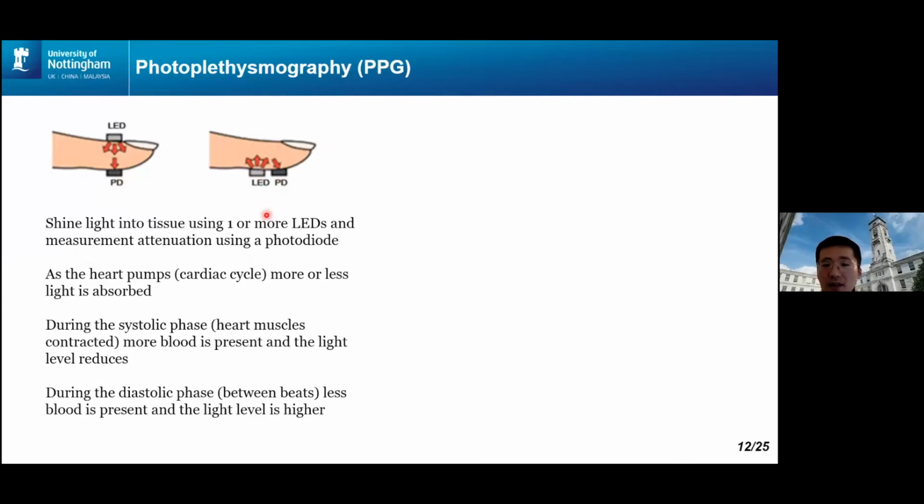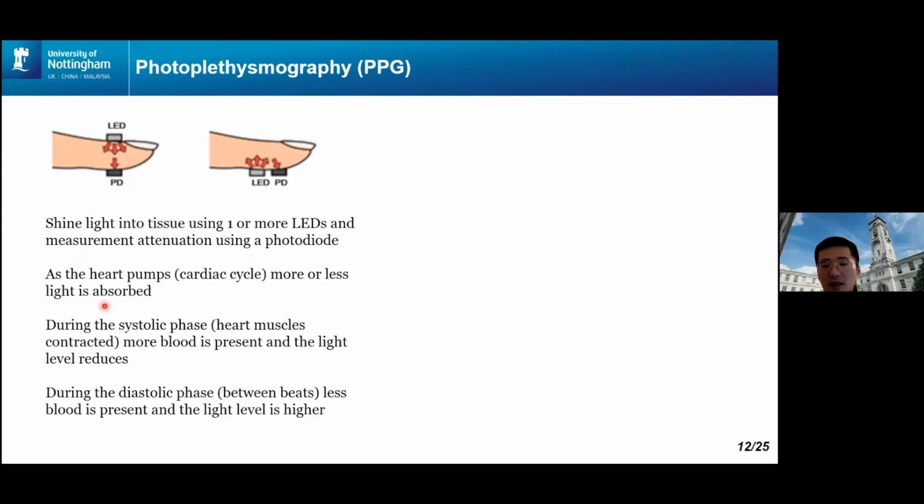As the heart pumps, more or less, the light is absorbed. During the systolic phase, the heart muscles are contracted, more blood is present, and the light level is reduced. And during the diastolic phase, less blood is present, and the light level is higher.